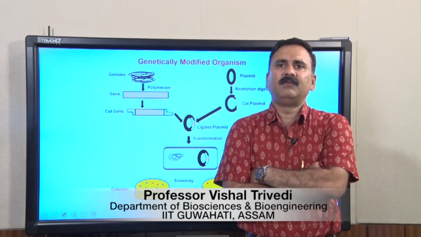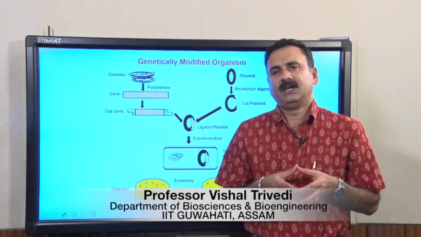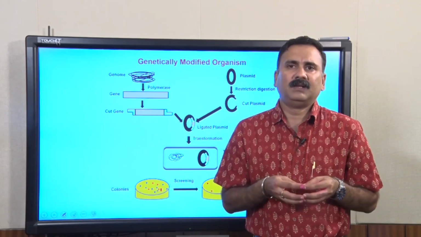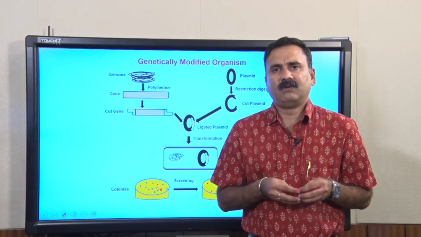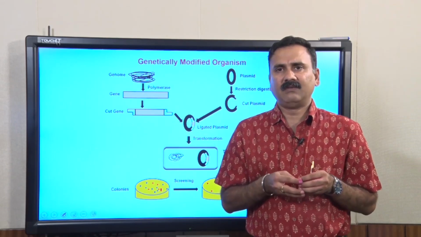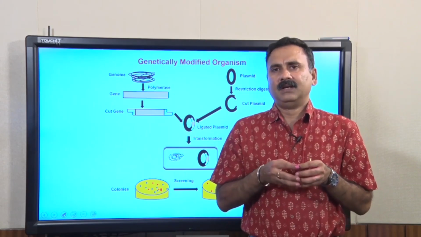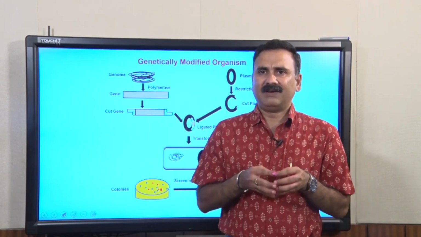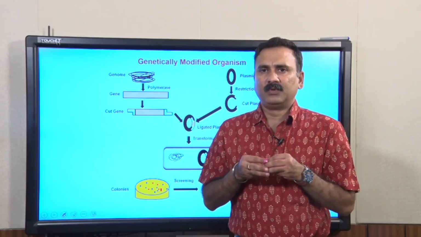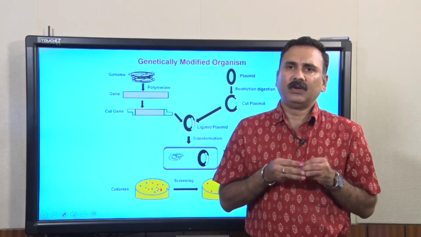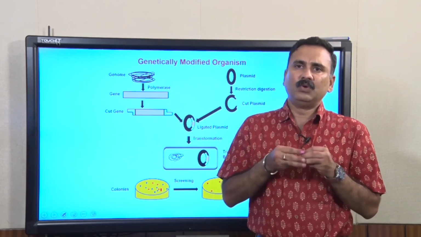And what we were discussing is how to produce or generate a genetically modified organism utilizing biotechnology related principles. In this discussion, so far we have discussed different properties of the host, whether it is the structure of the host, which we discussed in module 1, or the approaches to isolate a particular gene from the host, which we discussed in module 2.